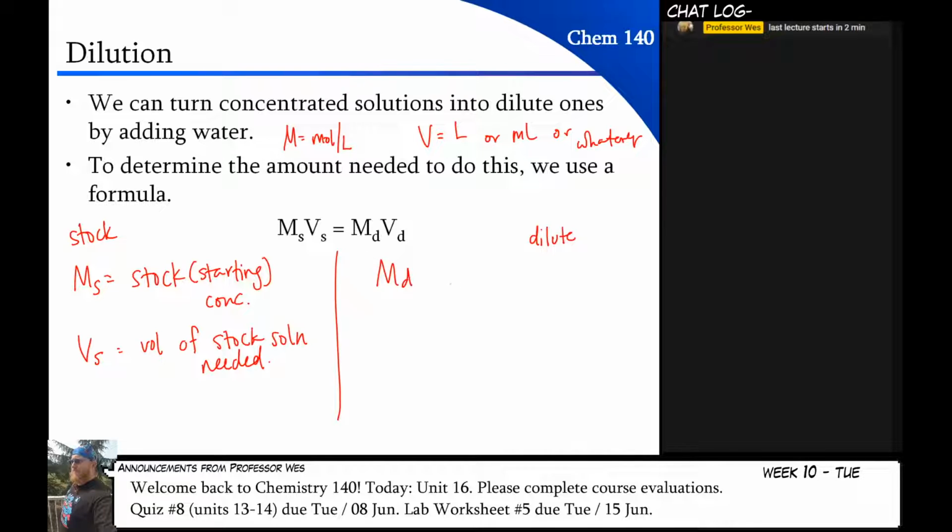Over here, MD is the dilute, or ending concentration. And VD is the volume of dilute solution made.